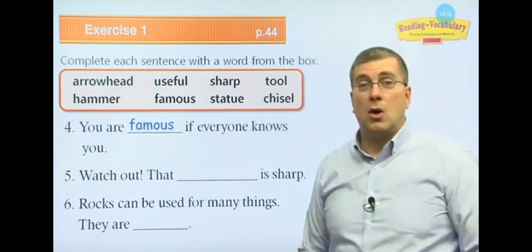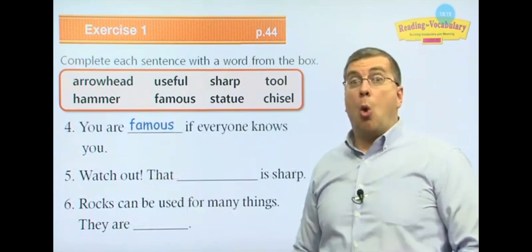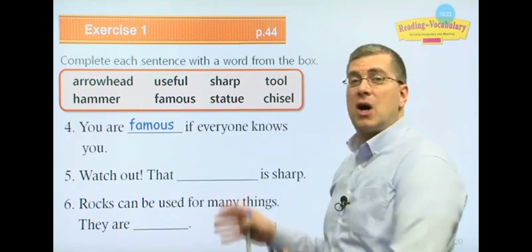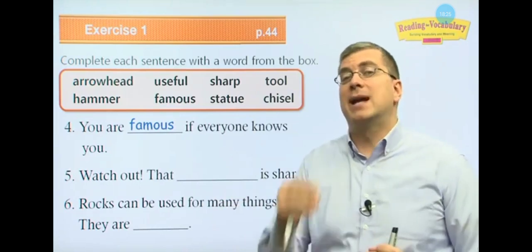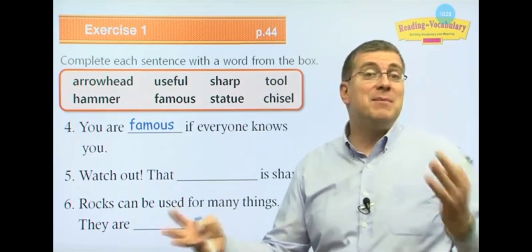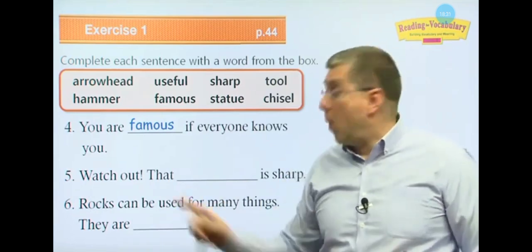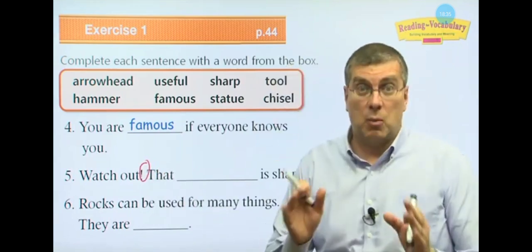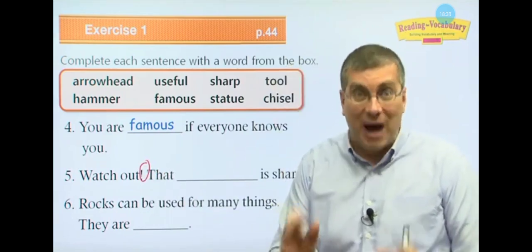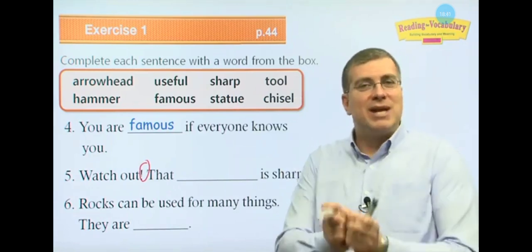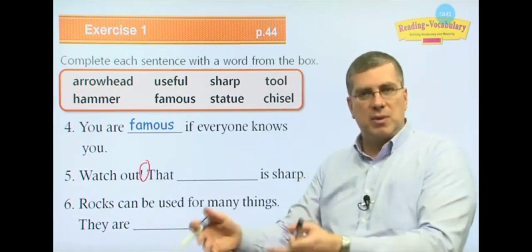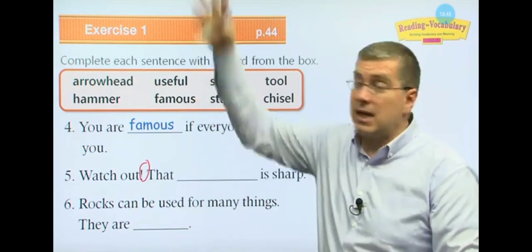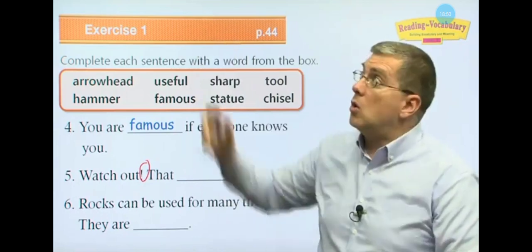Number five, watch out. Before we saw be careful. Be careful and watch out mean the same thing, but watch out is used for right now. If you say be careful, it can mean later. Watch out means something is happening right now, or something is falling.